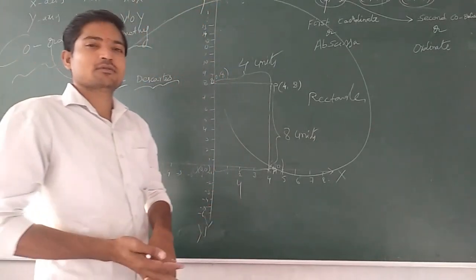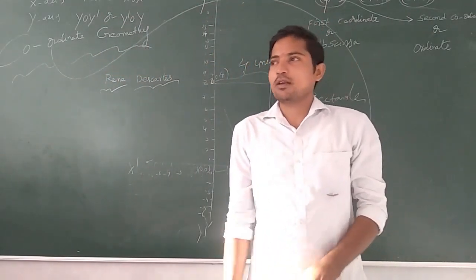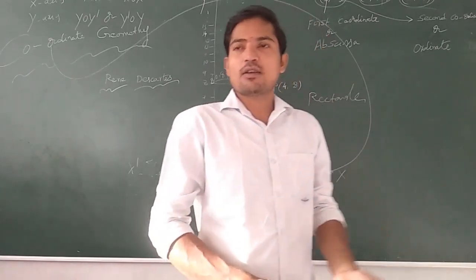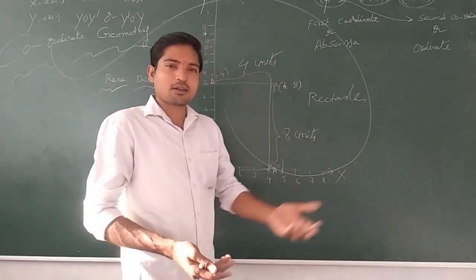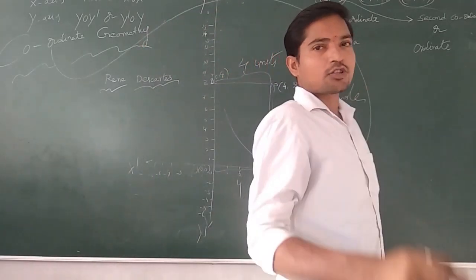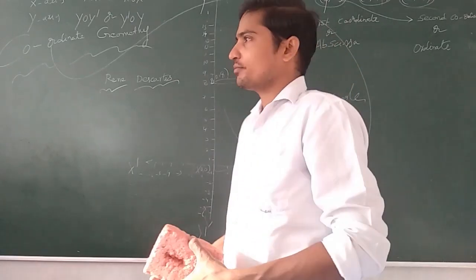Before that, just use the direct formulas: L into B, 2 into (L plus B), 4A square, 4A, and A square. Such formulas we use to find the areas of geometrical figures.